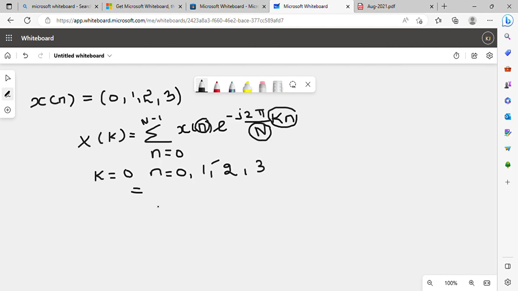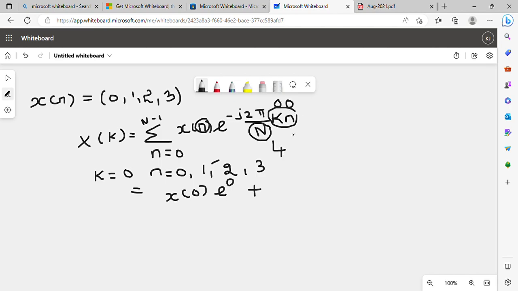Now I'll just write it as x of 0 into e to the power of 0. Why e to the power of 0? It is because here you substitute minus j 2 pi by 4 into k is equal to 0, n is equal to 0.